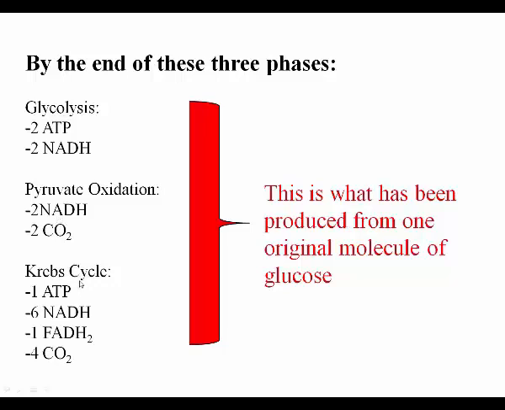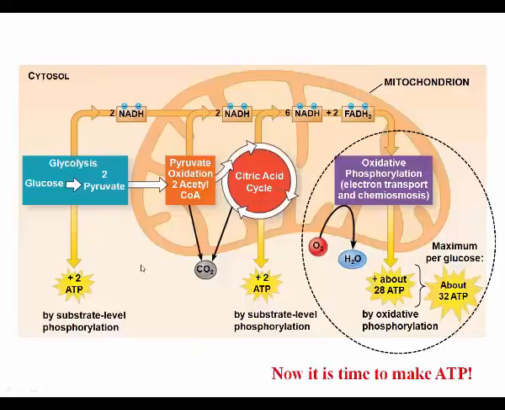The Krebs cycle produced some more ATP, which can be used, 6 NADH, and FADH2 and CO2. So ultimately, we've gotten rid of all the carbons that used to be glucose and put them into CO2. And all of the NADH and FADH2 can now be shuttled to electron transport.